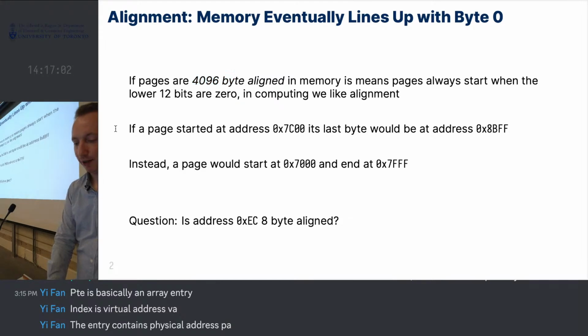So for example, if I had a weird page start where the page started at address 7C00, if we add a page size to this to figure out what the last byte would be, the last byte would be address ABFF, which is just really, really ugly. So instead, everything is page aligned, so it starts at 0 and all the offsets are multiples of the page size.